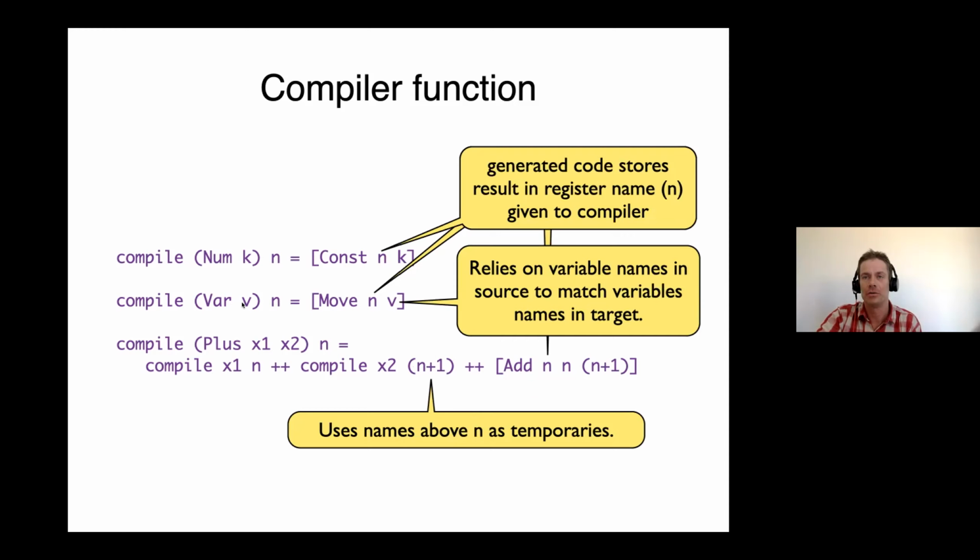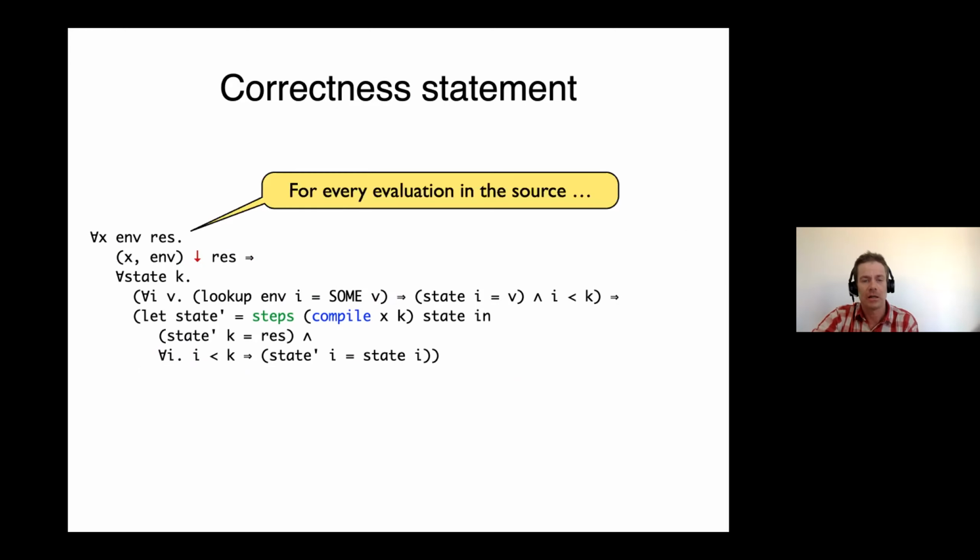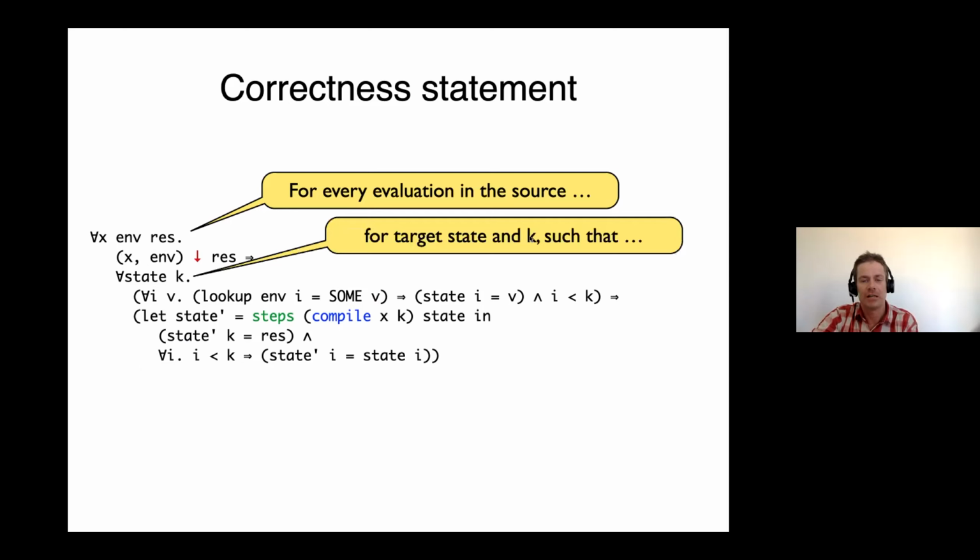Now I thought I'd show you what it looks like to have proved a correctness statement for it. So here is a correctness statement for it. It takes a little reading. So we say here, for every evaluation in the source semantics, so for any expression and any environment, for any result that it manages to produce, then we have for target state and k, we then make an assumption here.